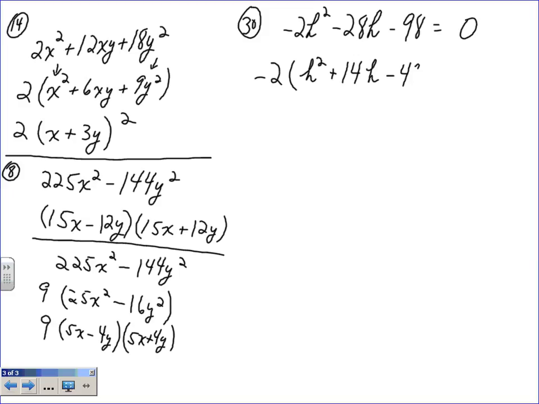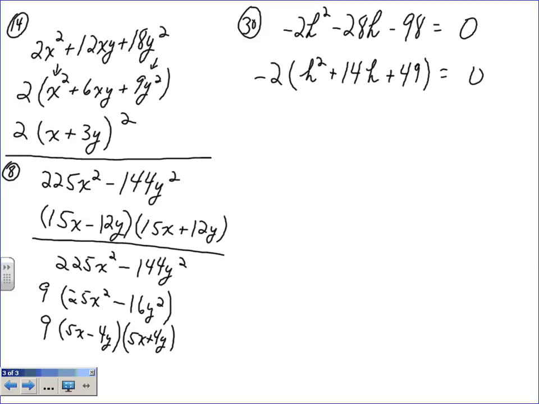Oh, that's plus 14h. And then plus 49 equals 0. Follow so far? Yeah. No, not plus 28. It'd be plus 14. A negative 2 times a positive 14 gives you the negative 28.